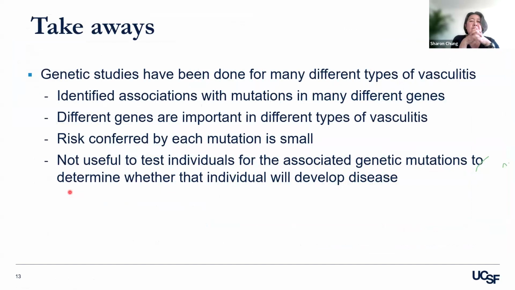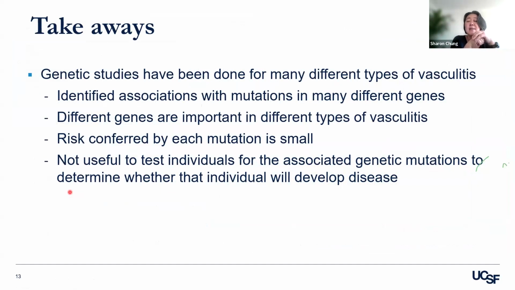So the takeaways: we've done genetic studies for a lot of different types of vasculitis. We've seen lots of mutations in a lot of different genes, and the overlap between different types of vasculitis is actually not very high. There appear to be genes that are important for one type of vasculitis, but not so important for another.